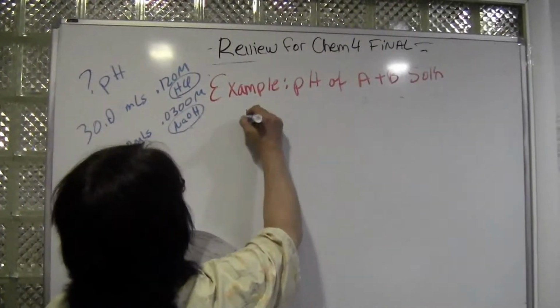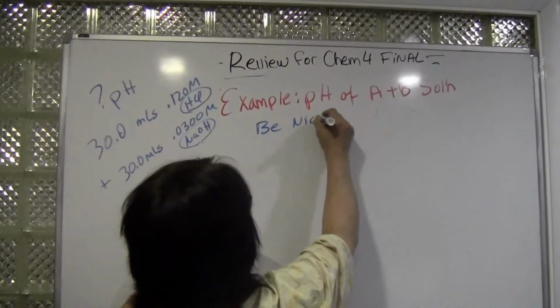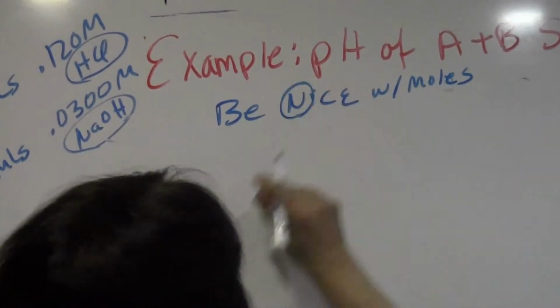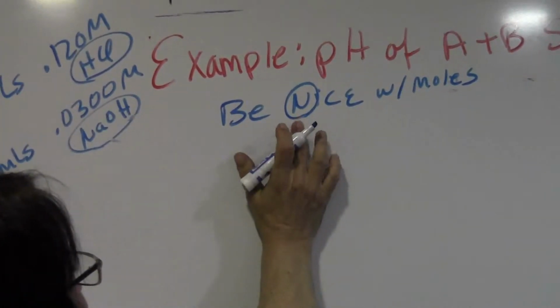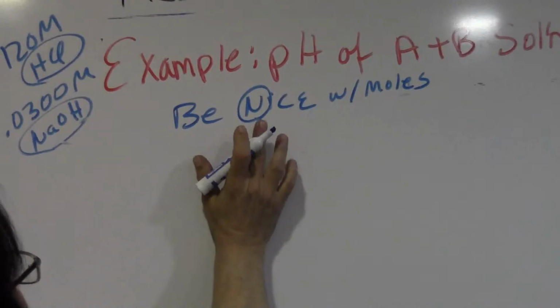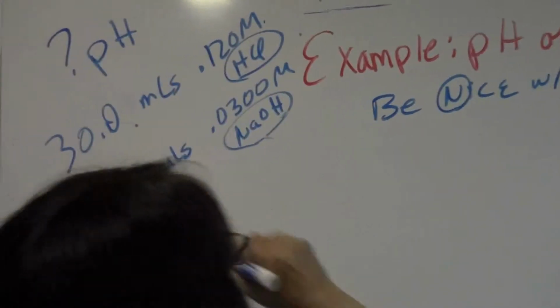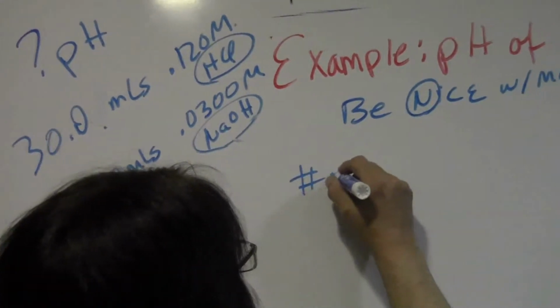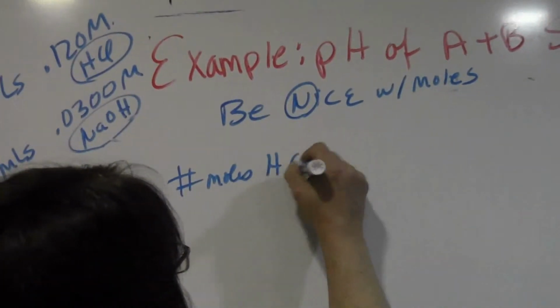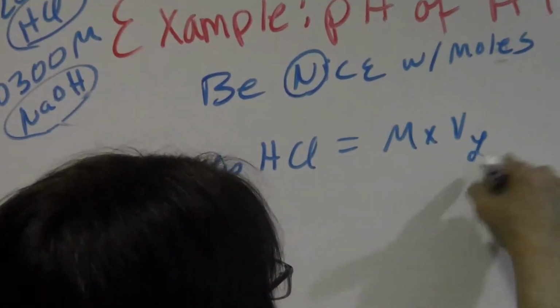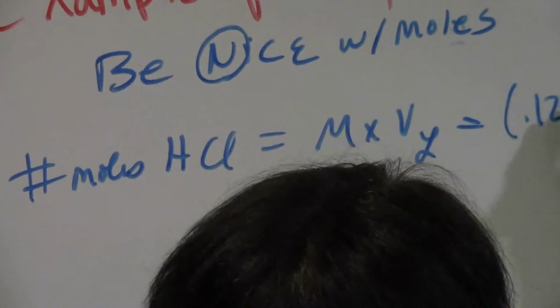Now remember, you have to be nice to the moles. So when you have a neutralization equation, your ICE chart's going to be in moles. Now they gave us molarity and volume. So to figure out number of moles of HCl, we're going to multiply molarity times volume in liters. Our molarity was 0.120.